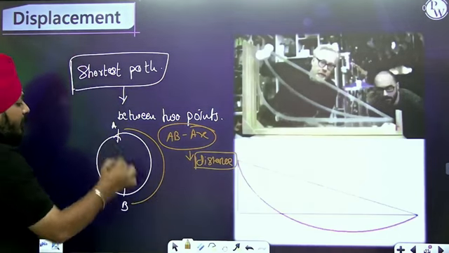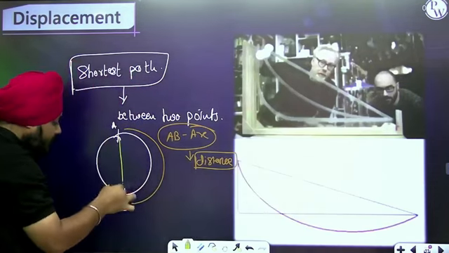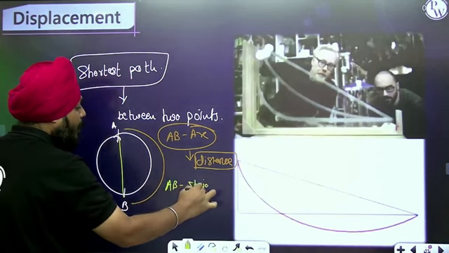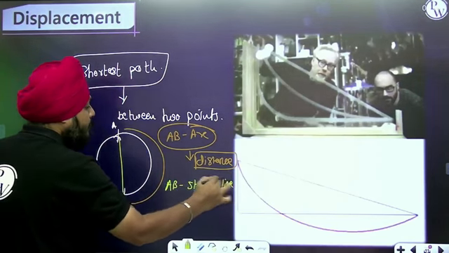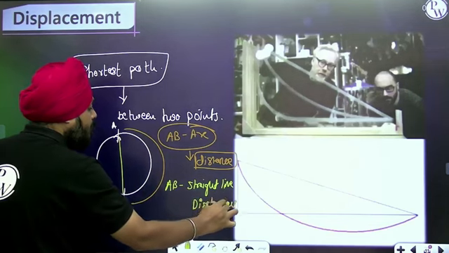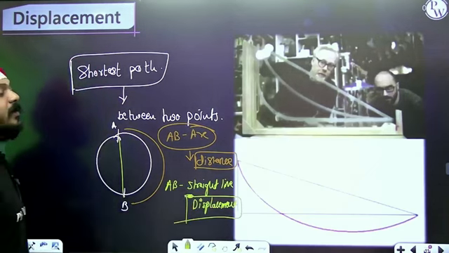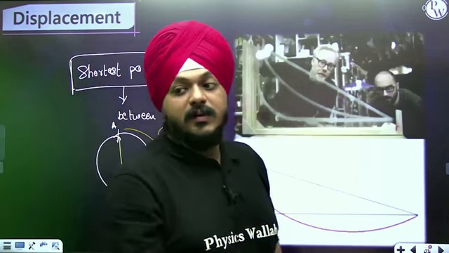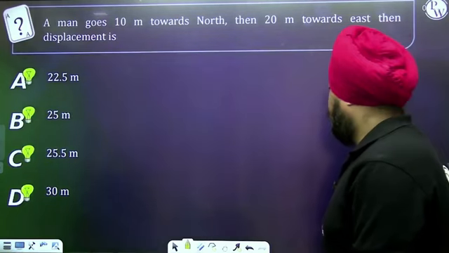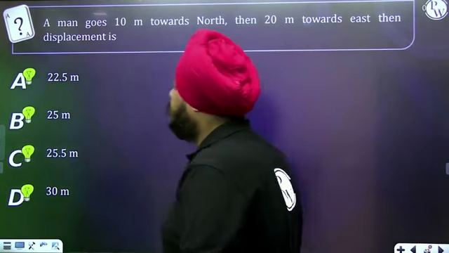But if I'm talking about the displacement, the straight line is the displacement. Let's see some of the sums based on the distance and the displacement to clear out the concept.